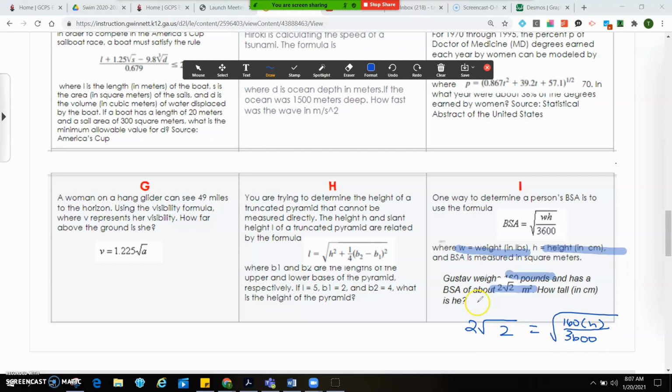So in order to solve, I'm going to take this, square it, and square it. And this will give me 4 times 2. You can plug this into a calculator if you're unsure. Just make sure you put parentheses around the whole thing. So that's going to give me 8 equals 160H divided by 3,600. And now I'm going to multiply by 3,600.